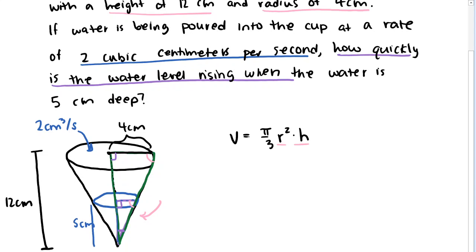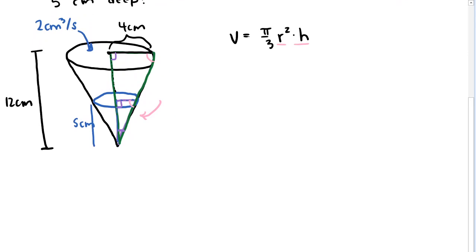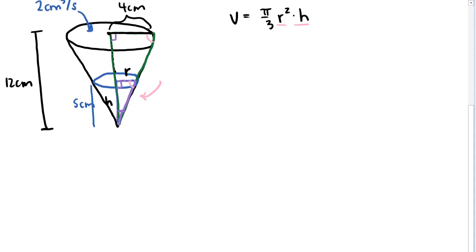And so we can use the idea of similar triangles. If this is r in our smaller cone, and this is h in our smaller cone, then the corresponding sides are proportional between the two similar triangles.